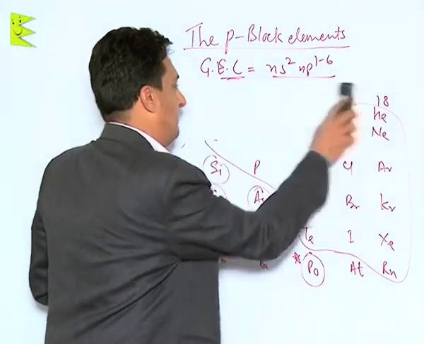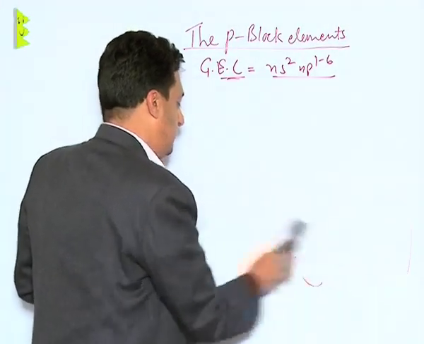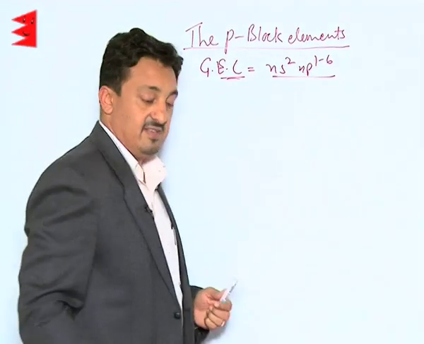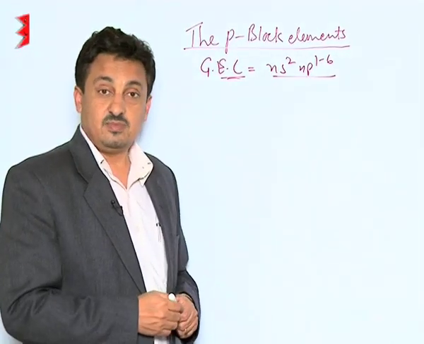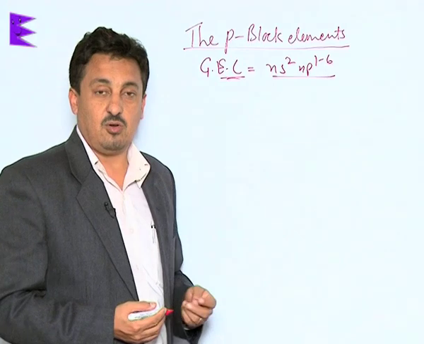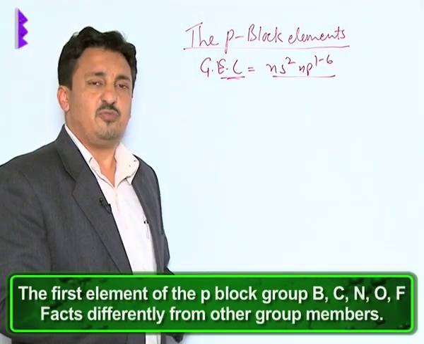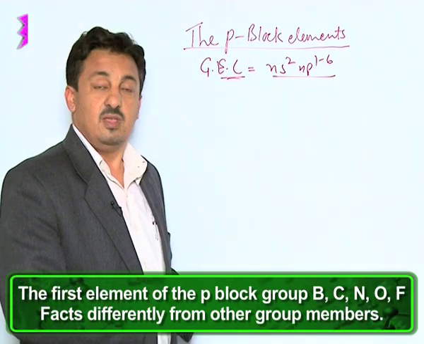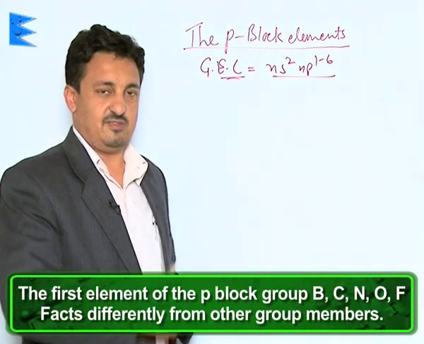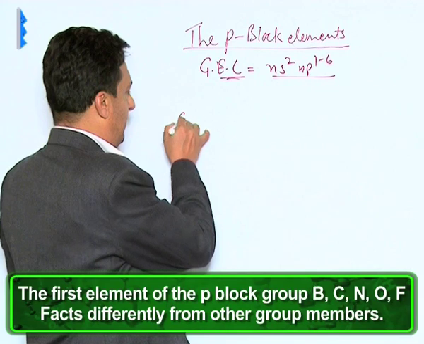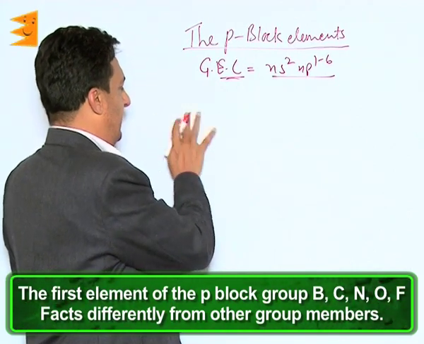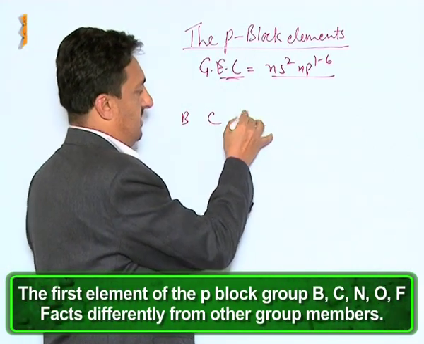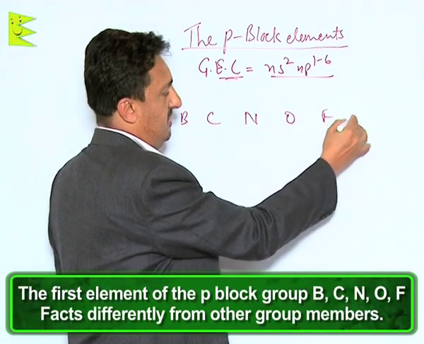They are called representative elements. The first element of the p-block groups behaves very differently from the rest of the elements. I'm talking particularly about carbon. Well, let's start from boron, carbon, nitrogen, oxygen, fluorine.